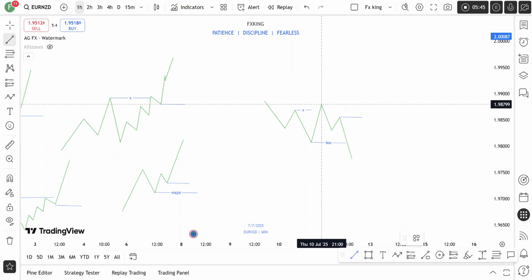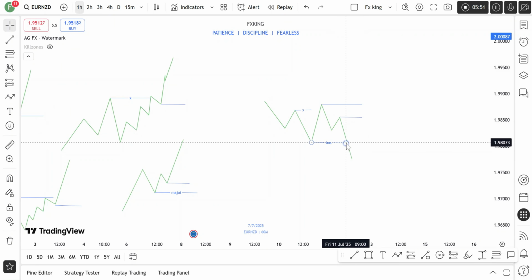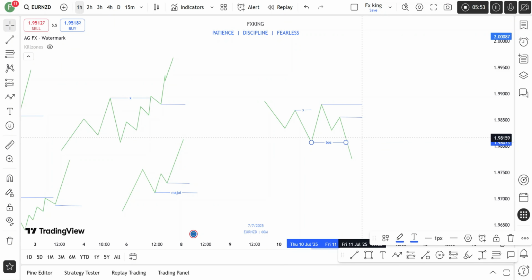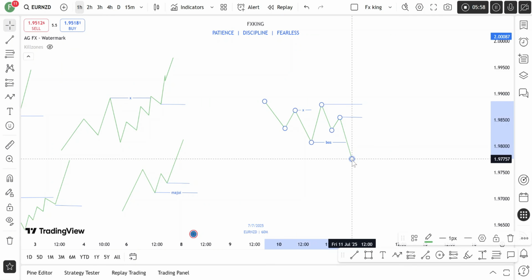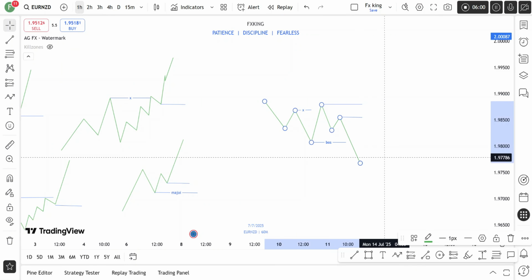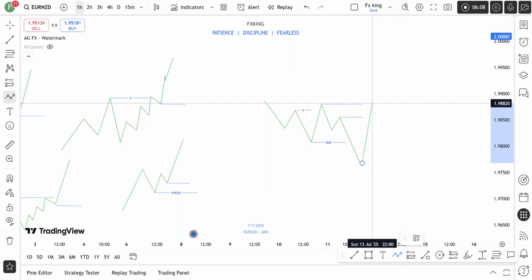Our major inducement now becomes this high. In a case where you have just one inducement, which is a minor inducement, the main high is going to become your major inducement. There is a high possibility that the market will come back, violate this minor inducement, come right to the major inducement, take it out, and then sell.